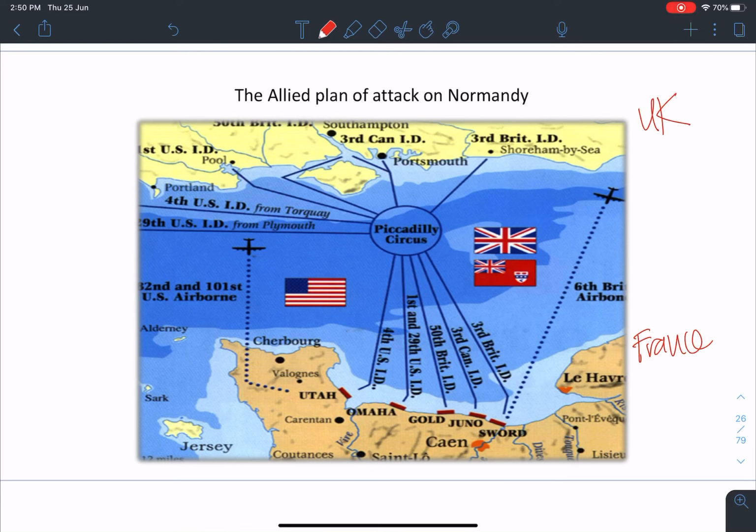An ID is an infantry division, but basically it is an invasion, and this is where the Americans would go, and this is the scene of all the movies that you see, on Normandy, which is the area from which they launched the counter invasion.